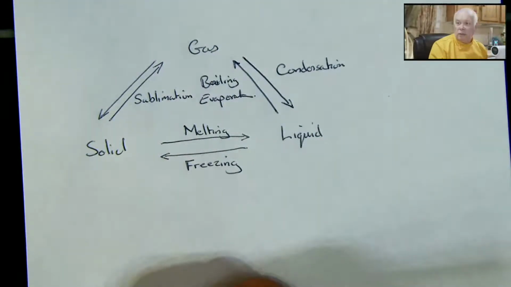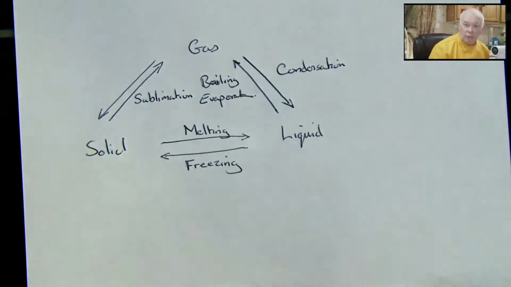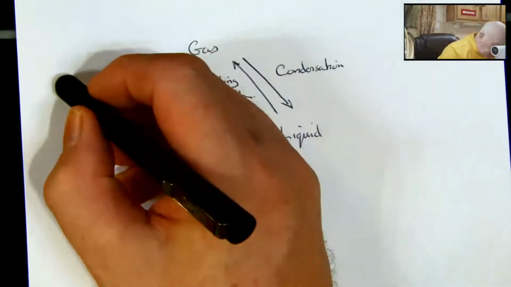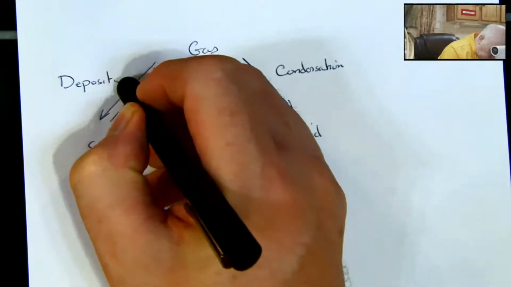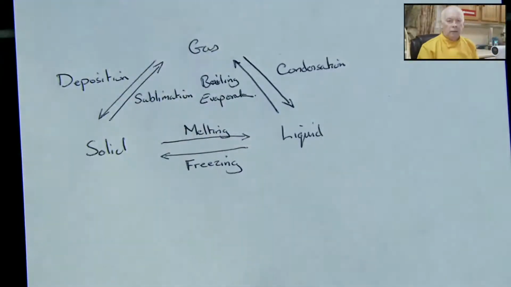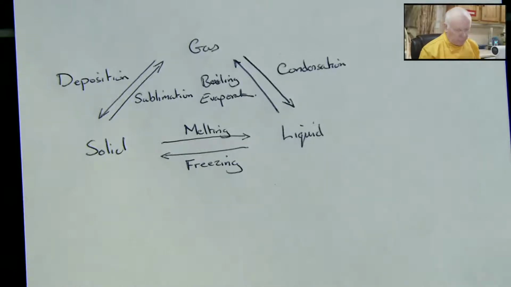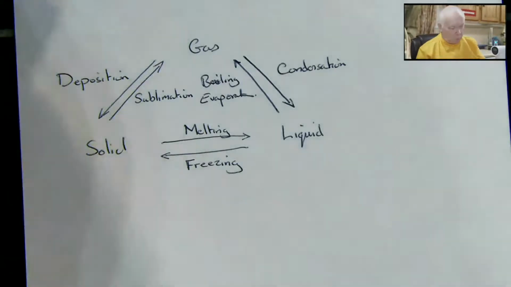The courses don't ask you to know this, but why not? We've learnt the other five. Deposition. So we've got these different states of matter, and we're going to have a look at these states of matter using a little model to try and show what's going on.